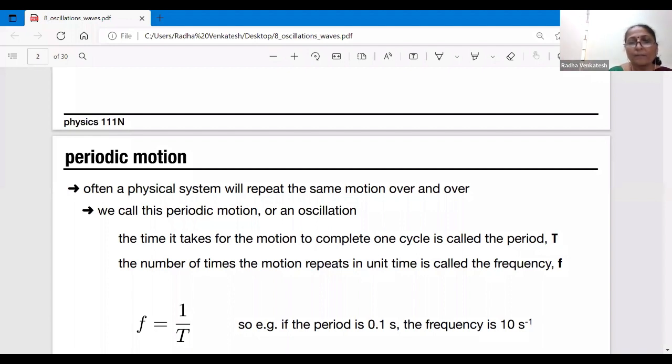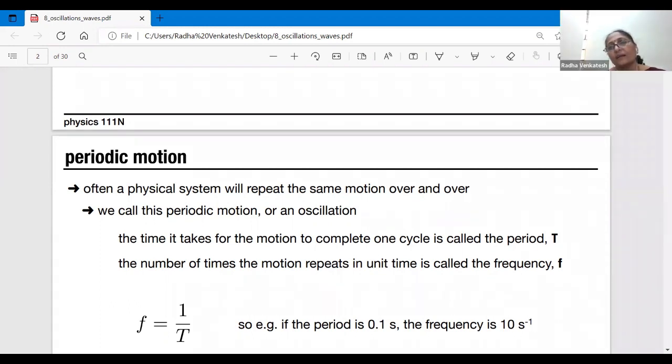Definitely, this is going to come back here. Then is it going to stop here? I just let go of the simple pendulum. Will it stop at this position or will it overshoot, go that side? Then again come back. Does this motion happen? And it repeats itself after regular intervals of time.